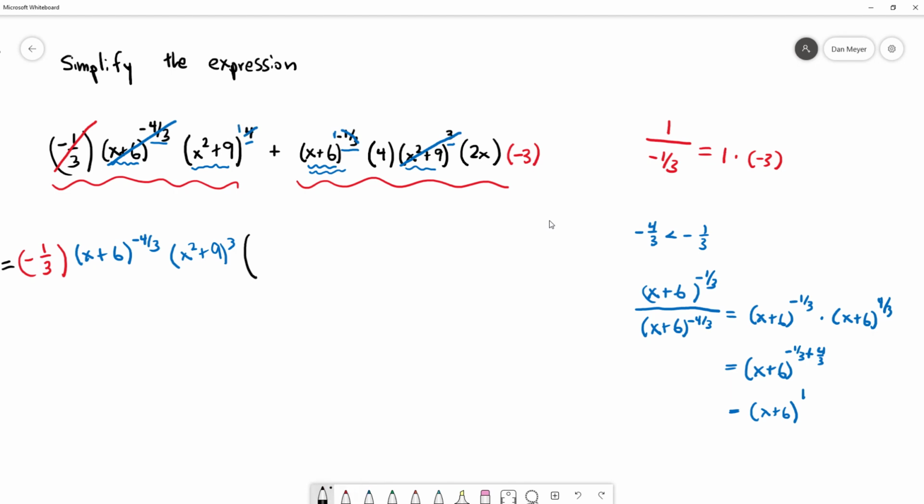So we're left with an x squared plus 9 from the first term. We're left with x plus 6 times 4 times 2x times negative 3 from the second bundle. And now we just have some simplification to do.